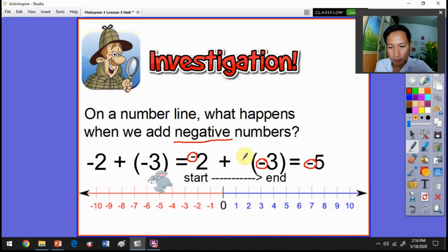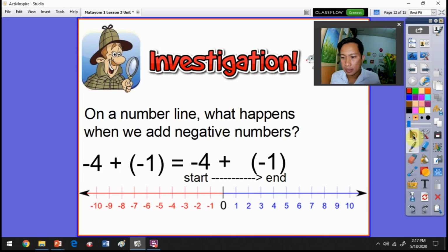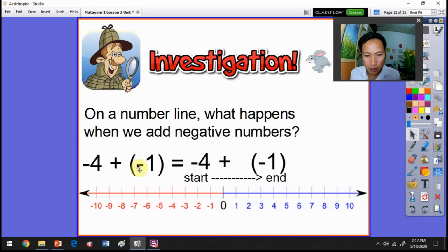Negative 2 plus negative 3 is negative 5. 2 plus 3 equals 5. Okay, very simple.